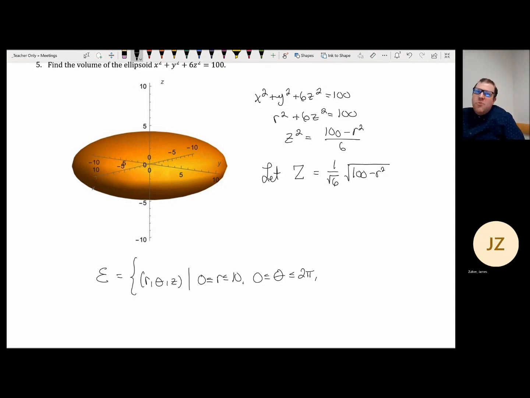Let capital Zeta be 1/√6 times the square root of 1 minus R squared. That's the positive square root of what we had above. Then isn't Z going to go from negative zeta to positive zeta?